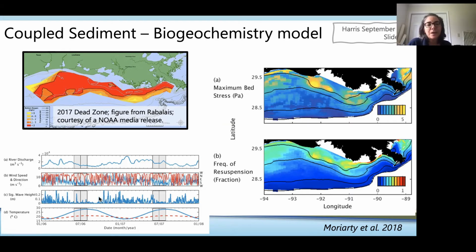She ran this model of the Gulf of Mexico to represent 2 years, from January 2006 to January 2008. The actual model run itself probably took a couple of weeks to run. She was running it on an HPC, a high performance computer here at VIMS, and it probably took about 10 days to represent the full 2 years.